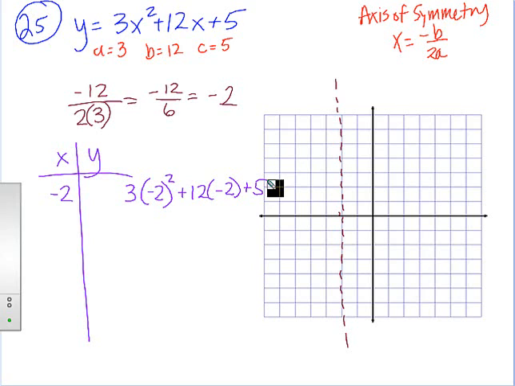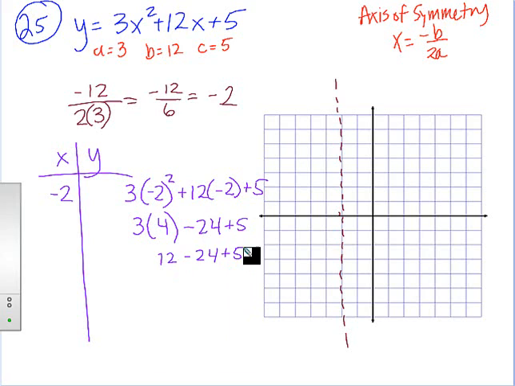So what is negative 2 squared? 4. So this is 3 times 4. 12 times negative 2, what is that? Negative 24 and then plus 5. So what's 3 times 4? 12. So we have 12 minus 24 plus 5.